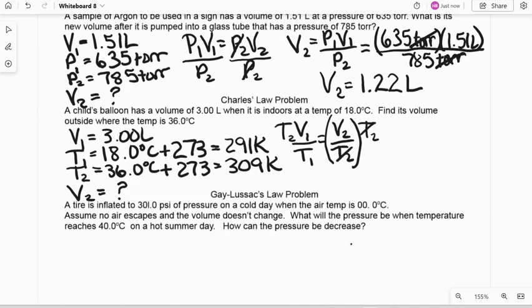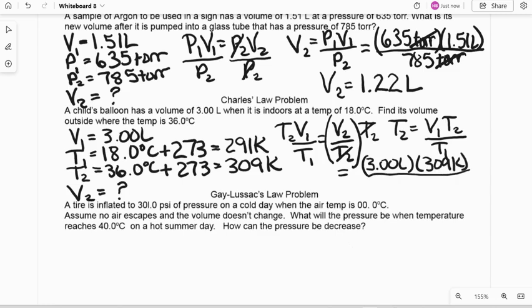Cancel these out, and my formula becomes V2 equals V1 T2 over T1. Now we'll plug in our numbers with units, and you'll see that my temperature units of Kelvin will cancel out, and I'll be left with liters on the top, which is what I'm looking for.